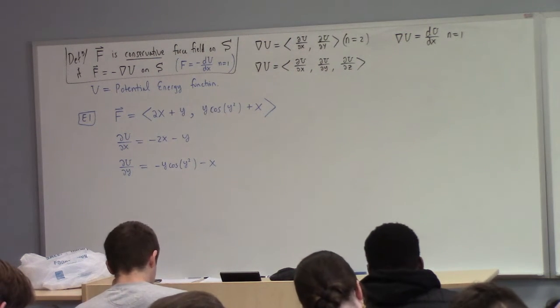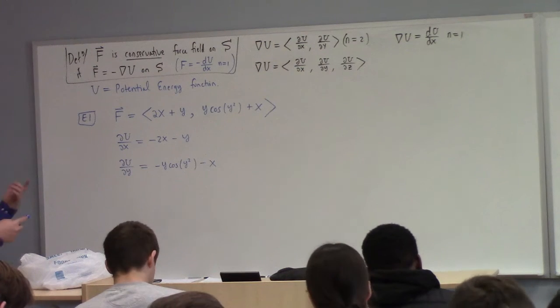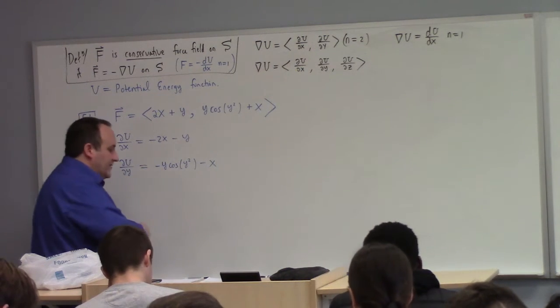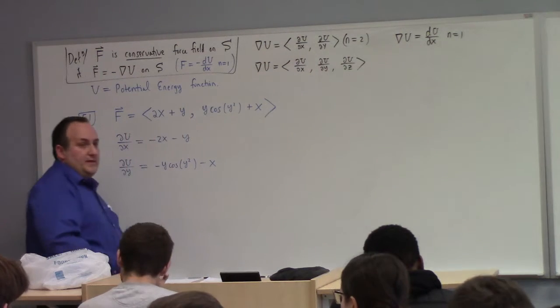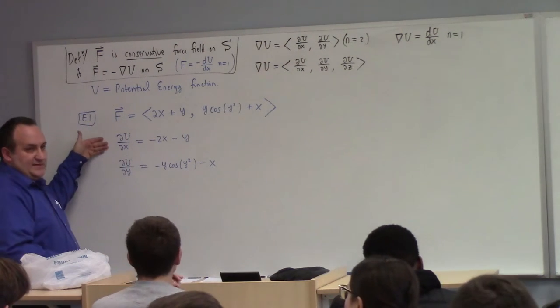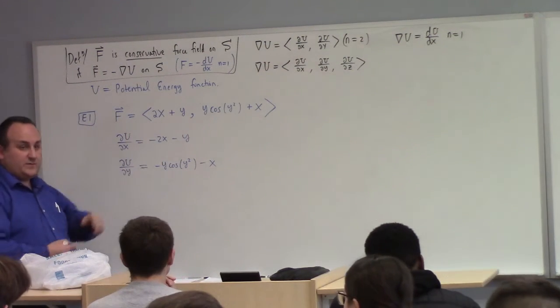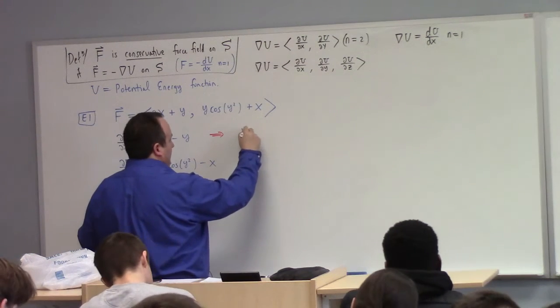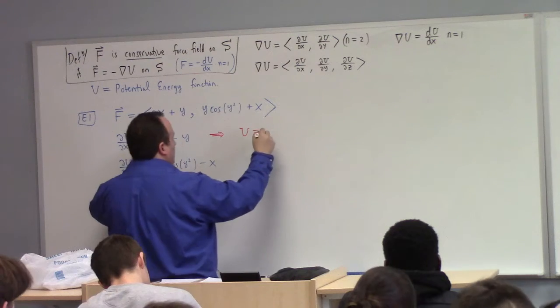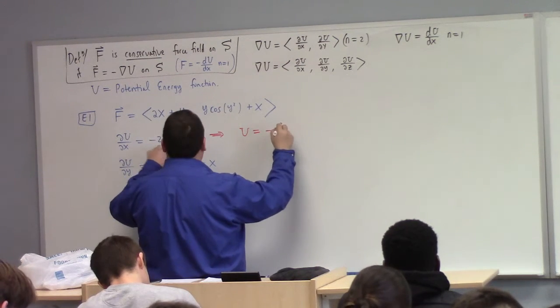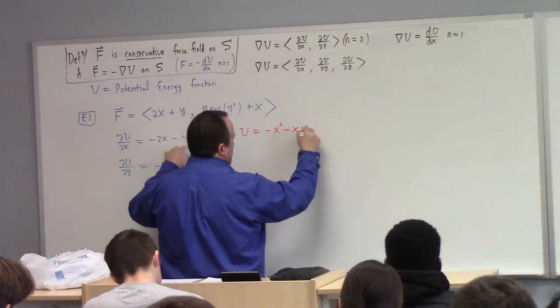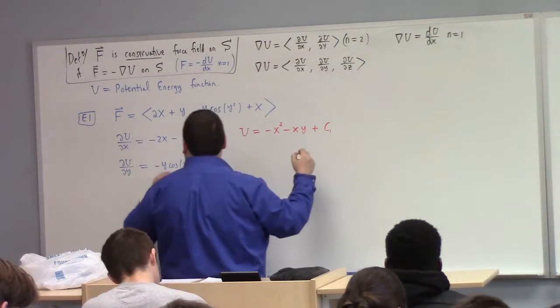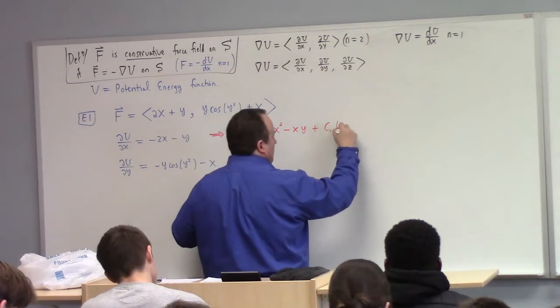Let me tell you how I solve these: I integrate both of them. I integrate this one with respect to x, anti-differentiating with respect to x, holding y fixed. This says I should try U equals minus x squared minus xy, and then some constant, which in principle is a function of y.